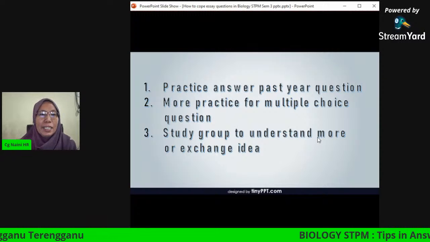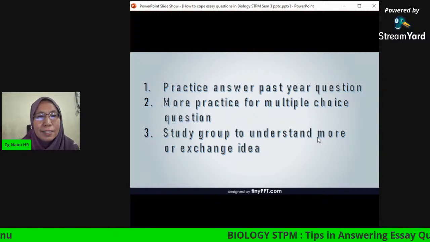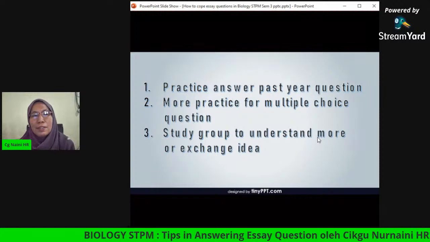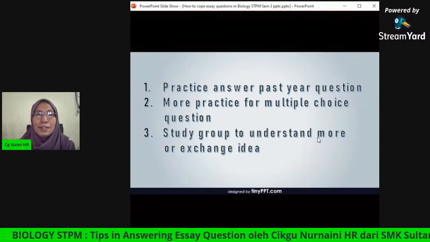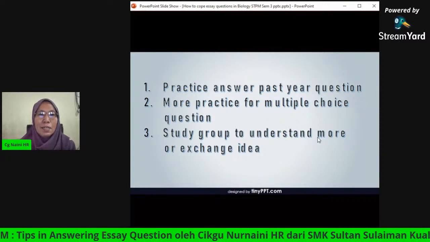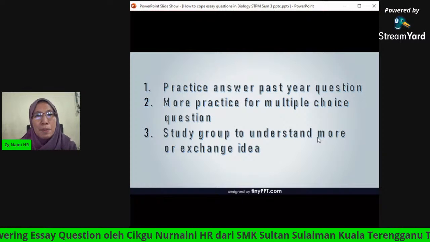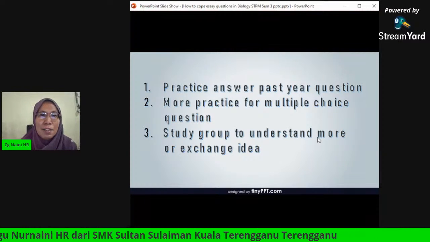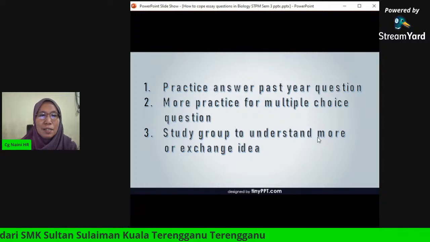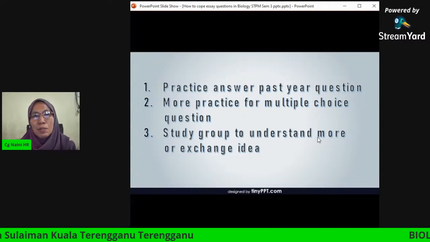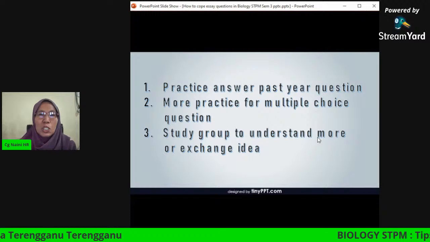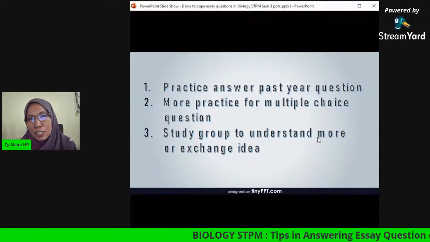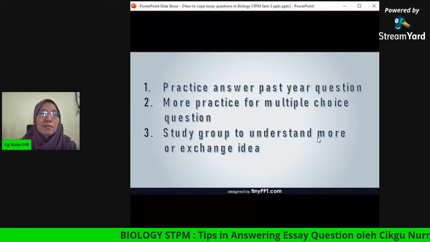Jadi gunakan buku yang dicadangkan oleh MPM. Jangan gunakan buku yang sebarangan untuk membuat latihan menjawab soalan. Better menjawab koleksi soalan STPM yang lepas yang banyak dalam pasaran dan boleh refer untuk jawapan bagi multiple choice questions. For essay and structure, you must refer to your teacher whether the answer given is correct or not.